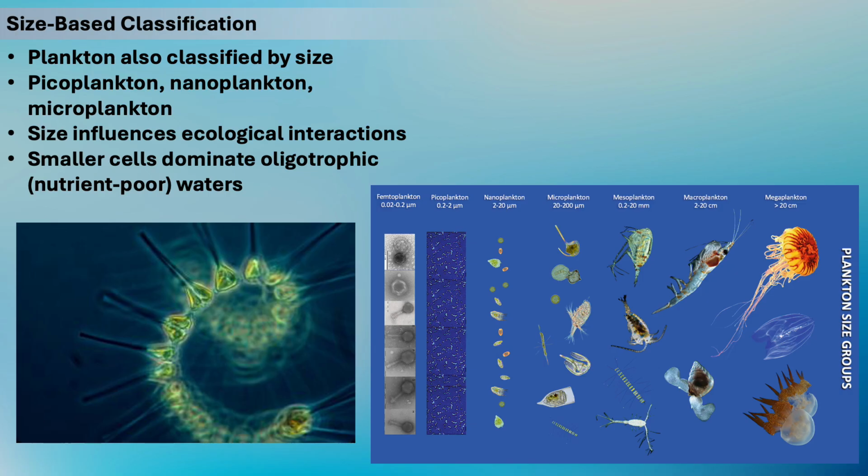Larger plankton cells, on the other hand, have different ecological strategies. Some form chains or colonies that help them remain suspended in the water column. Others store nutrients internally during periods when nutrients are abundant. By understanding the size structure of plankton communities, scientists can gain insight into the productivity and nutrient dynamics of different ocean regions.